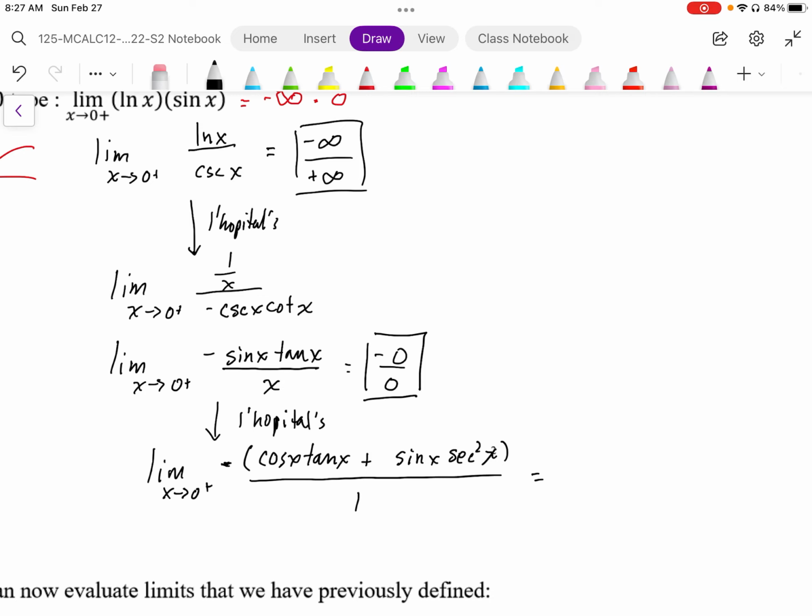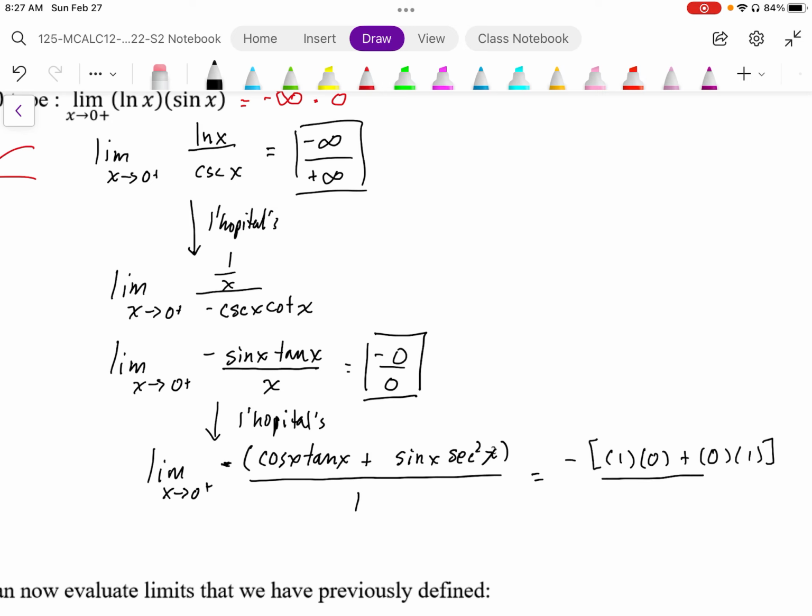Evaluating this limit, we get negative on top. Cosine of 0 is 1. I'm just going to put square brackets around this to differentiate. Tan of 0 is 0, plus sine of 0 is 0, times secant squared of 0, which is 1.